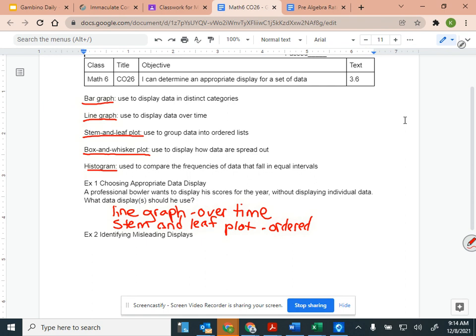All right, so let's look at our next one. Identifying misleading displays. I'm going to move this up.